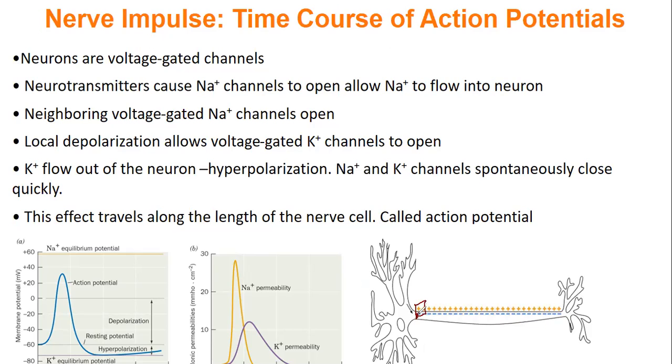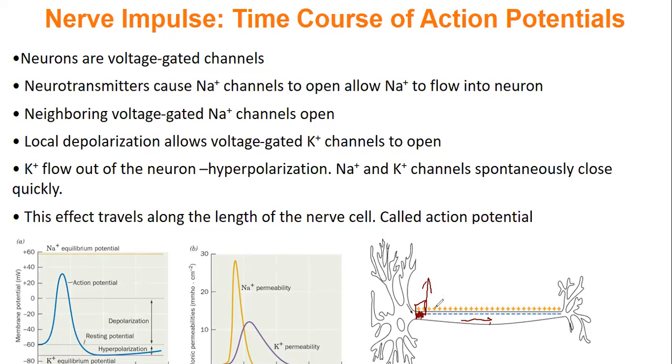So sodium just flies in right here, right? The rest of the cell hasn't been affected, because there's no sodium there yet. So the rest of that cell will remain overall negative charge, while this one local area becomes positive. And to prevent the whole cell from being positive, which would ruin our whole action potential, we just open up potassium and we let potassium flow out, and that will return the inside of our cell negative.